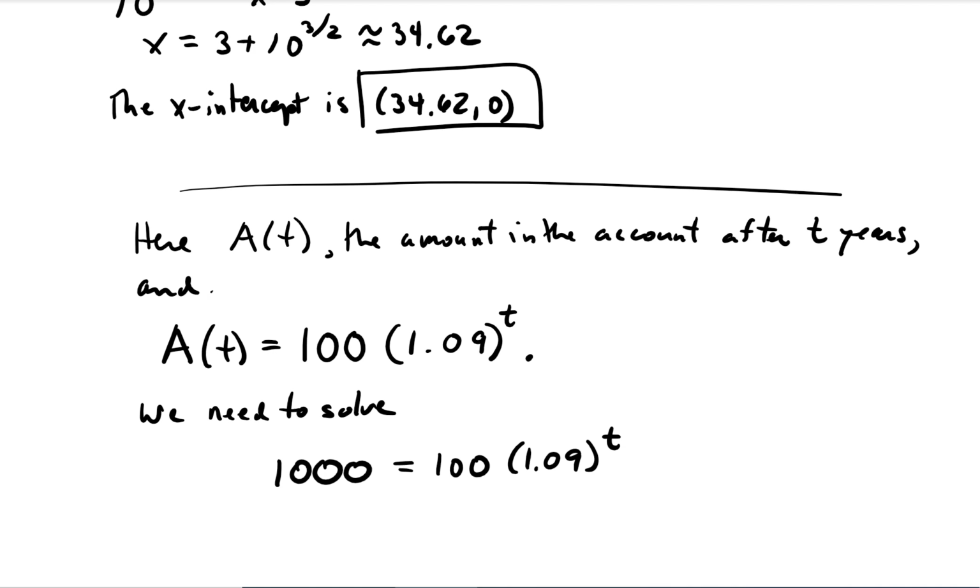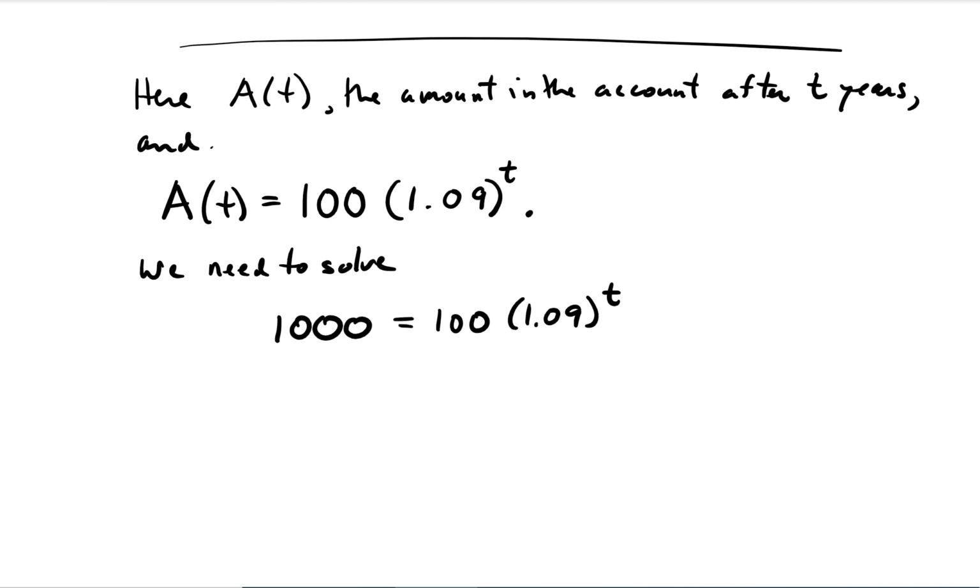So we've got this exponential equation to solve. We could do different things, but you see the constant is in front of the exponential term, so we're going to send it to the other side. Here this is of the form b to the x equals c, for example, and I need to solve for x.